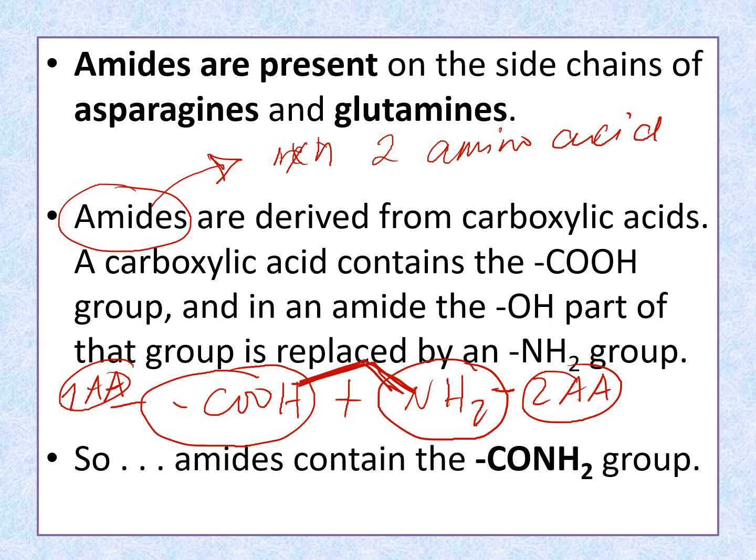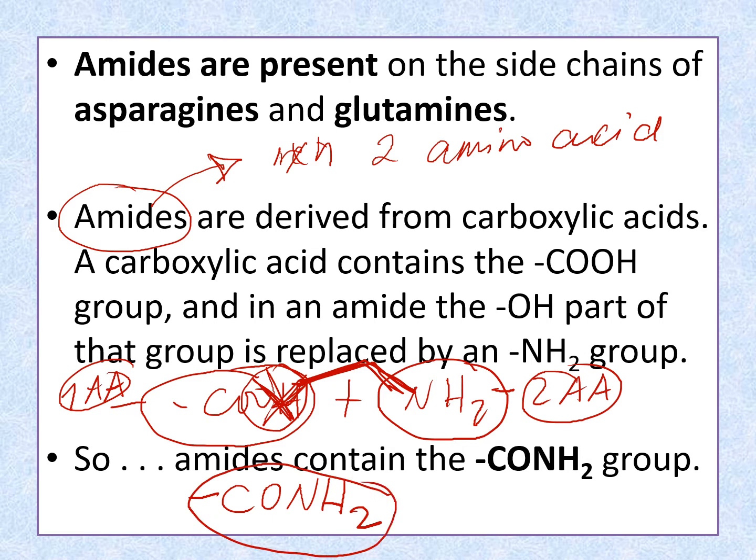And in the process, the C double bond OOH or carboxyl group will lose its OH, leaving just C double bond O. And then the NH2 of the second amino acid will just have to be connected to the C double bond O of the first amino acid, forming now your amide.